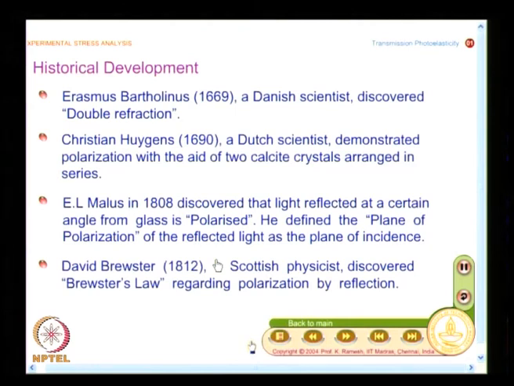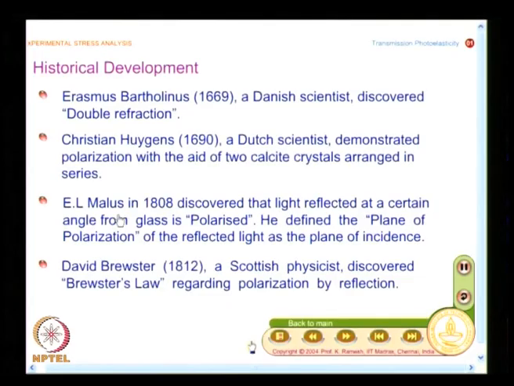We see that very quickly now. So, you have to have a concept of double refraction, then they understood what polarization is, then Malus found out that light reflected at a certain angle gets polarized, and it was Brewster who formulated this as a law. It is in his honor the law is given, and we also know that Brewster found out temporary birefringence, then photoelasticity got developed.